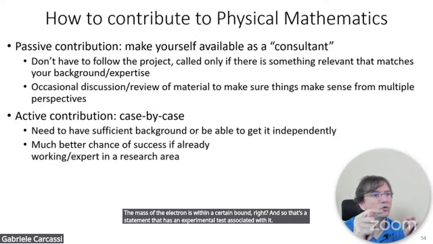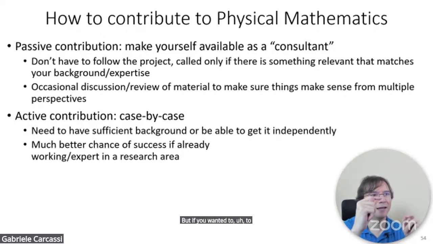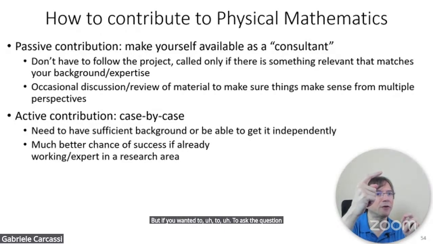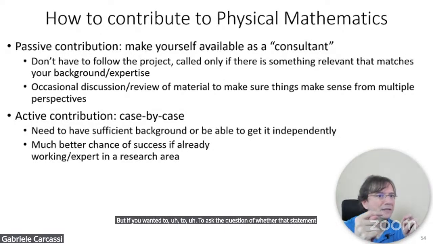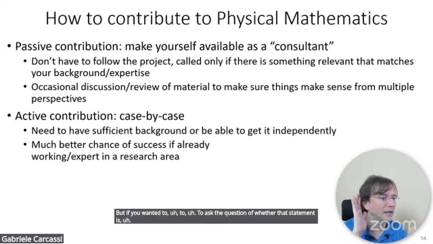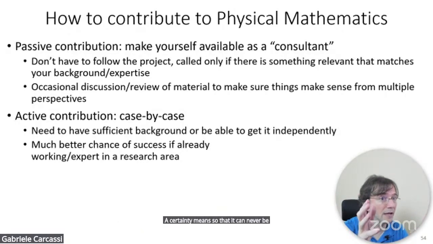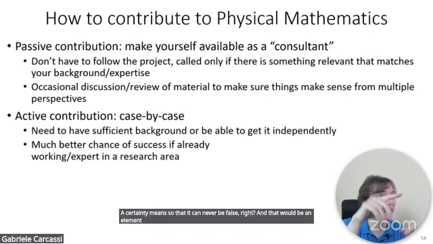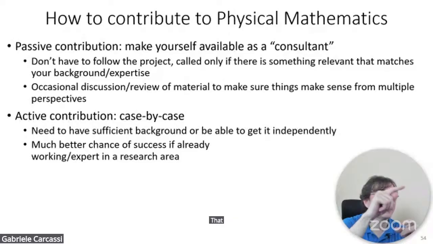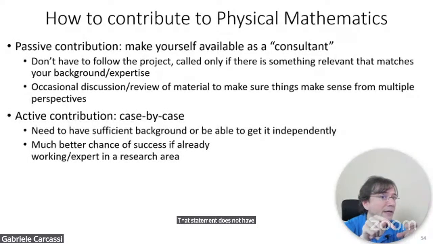But if you wanted to ask whether that statement is a certainty, meaning that it can never be false, that would be an element in the meta language of the theory. That statement does not have guaranteed experimental verification.